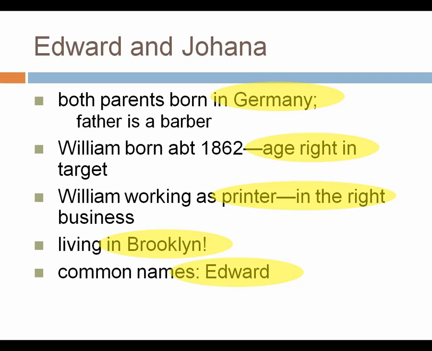Again, that is a good fit for somebody who became a journalist. They're living in Brooklyn. That's where my William was living in 1900. And we have that name Edward. My father was William Edward, and his father was William Edward. So that's a very promising family too.